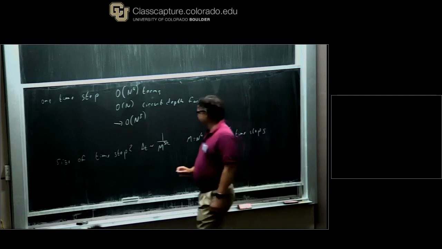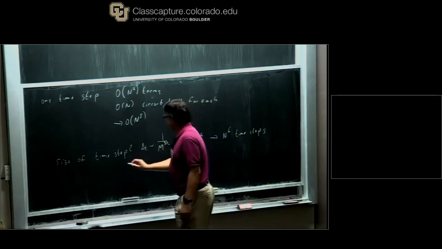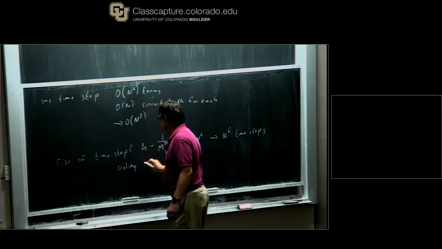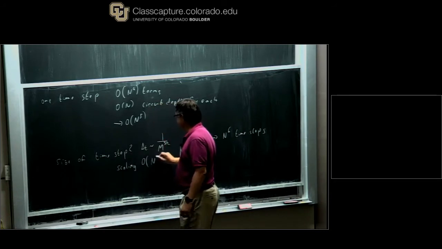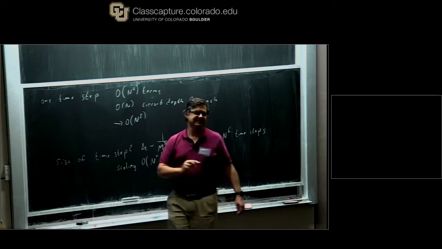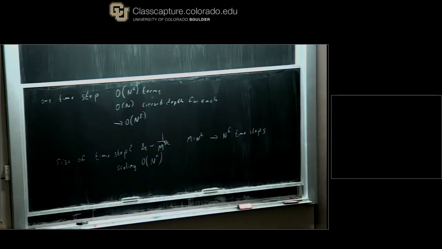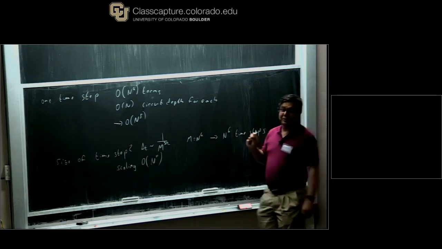And then the scaling overall is big O of n to the 11. And information theory calls that efficient because it's polynomial.